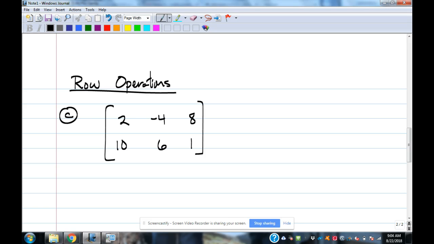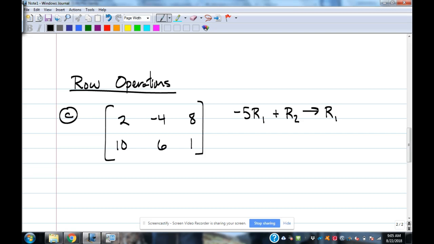Then they say, okay, do this specific row operation. So I'm going to tell you what row operation to do. The practice you're going to do with Khan Academy, it's going to tell you what row operation to do. It's going to say, okay, perform this row operation. Let's say -5 times row 1 plus row 2, and then they put this arrow, and that tells you which row to change. They're saying change row 1.